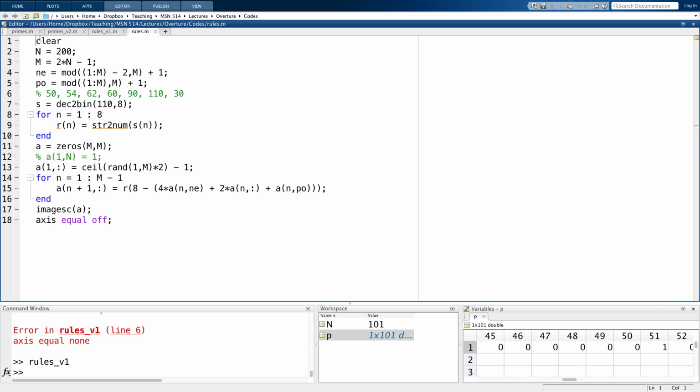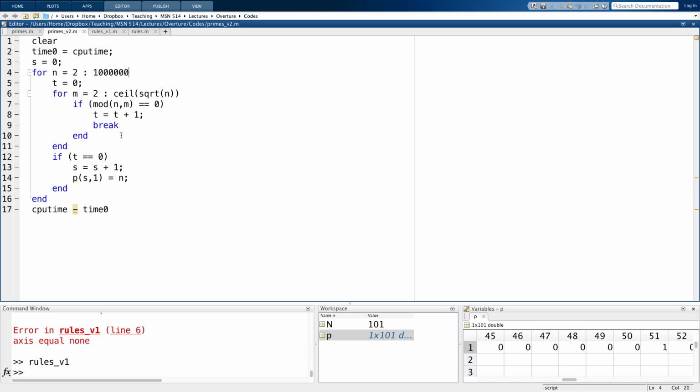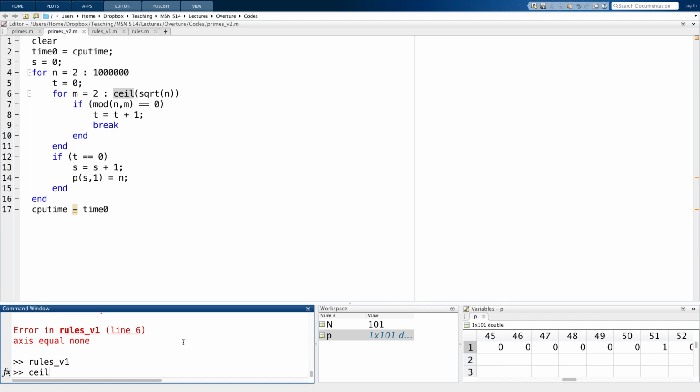Some of the things that we might skip faster in the previous part, I want to make sure. For example, we use ceiling here. What is ceiling doing?